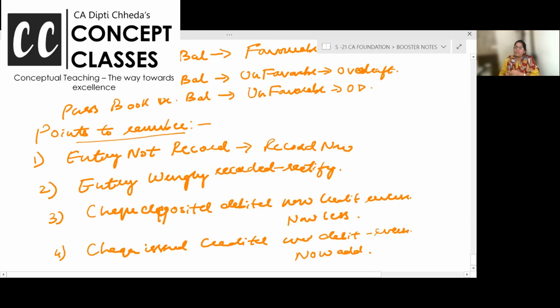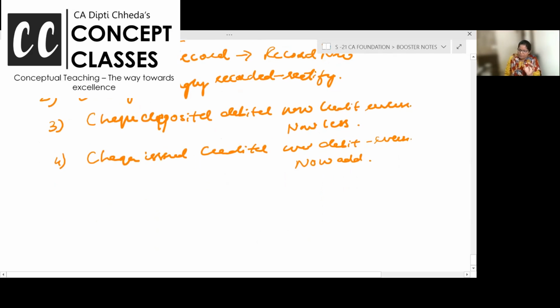Points to remember में you can add more. If it is debit, you want to debit, debit, debit, add. ये भी एक लिख ही लो ना कभी भी. If debit balance, more debit, add, plus.